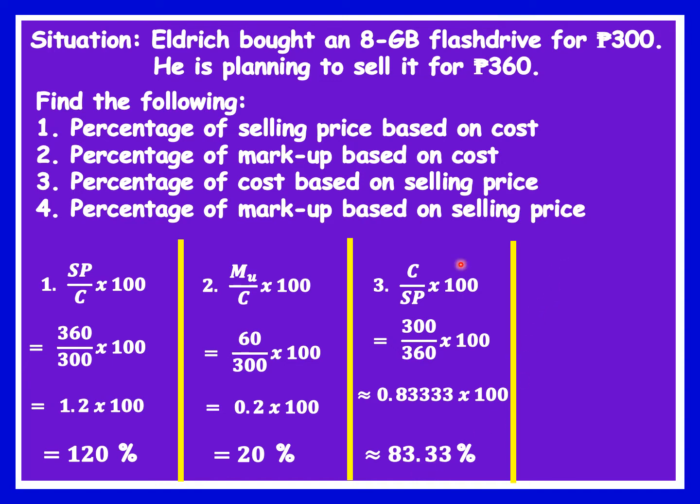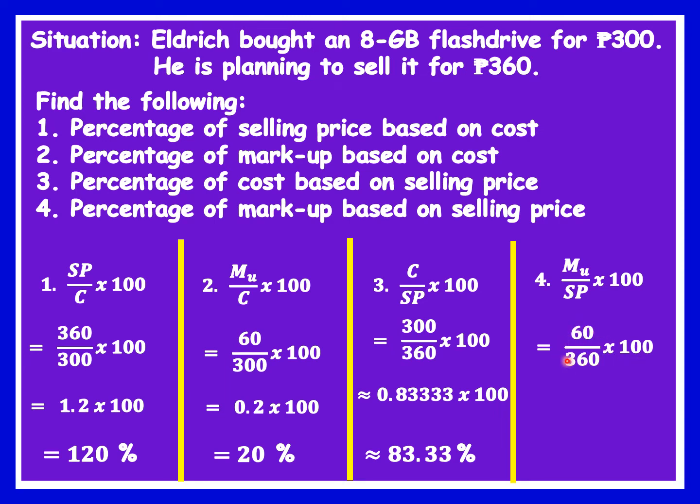Next, number 4. Percentage of markup based on selling price. So markup over selling price. We will use MU over SP. The markup here is 60, the selling price is 360. So let us substitute. That will be 60 over 360 times 100.